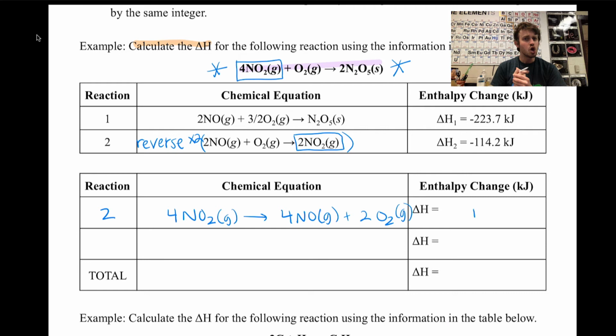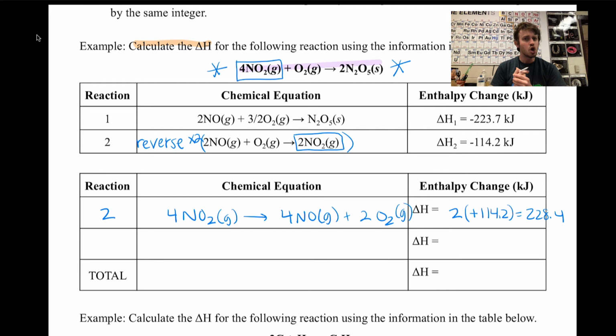So I'm going to change the sign of my delta H and multiply it by 2. That ends up with 228.4 kilojoules. And that is positive because we reversed that reaction.